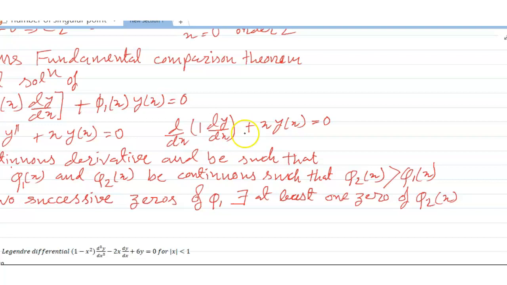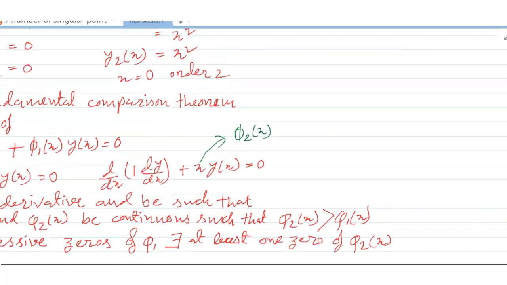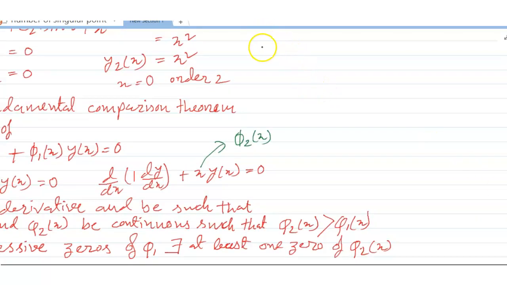Here you see that phi 2(x) is equal to x, and another factor: in here phi 1(x) I consider equal to 1.